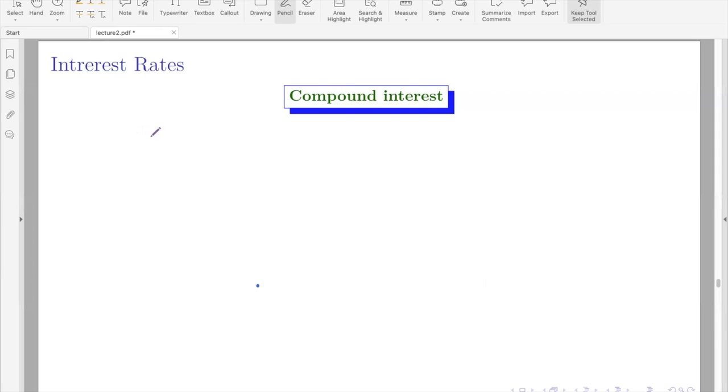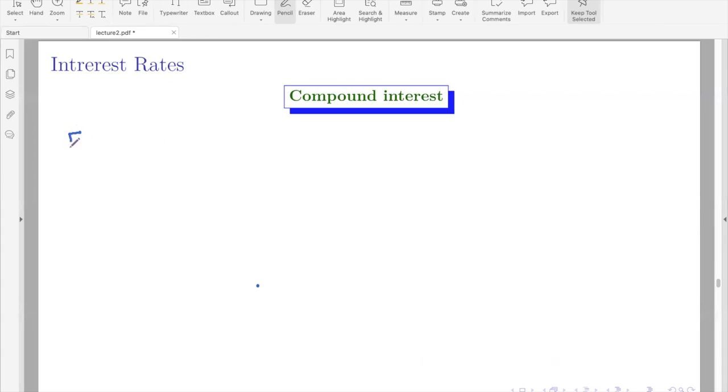Next, let us discuss the concept of compound interest. If you recall, the compound interest is paid at every interest due time by taking the principal plus the interest paid as the net principal.